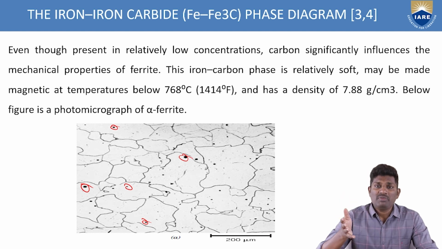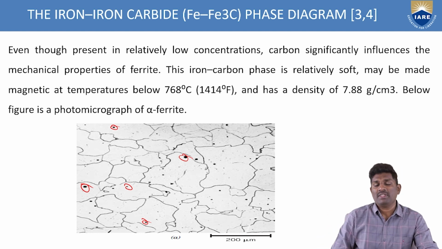That is the difference between the two portions we are considering in discussing these phase diagrams. Before 6.70 we have pure iron with a small percentage of carbon, and after reaching 100% of carbon we have pure graphite.